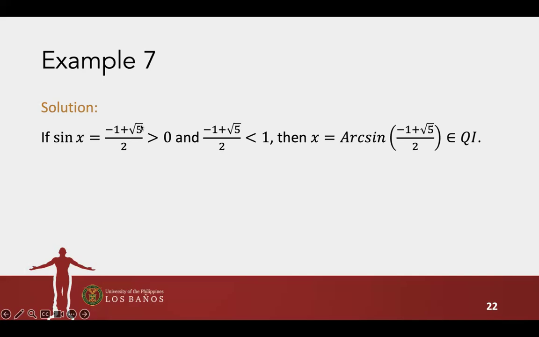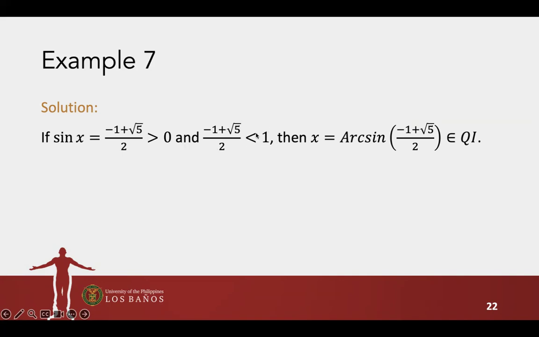So that means our numerator is positive. And if we divide that by 2, that means our answer is what? Is still positive. Okay? So meaning this one is greater than 0. Okay? And we're also sure that this is less than 1.